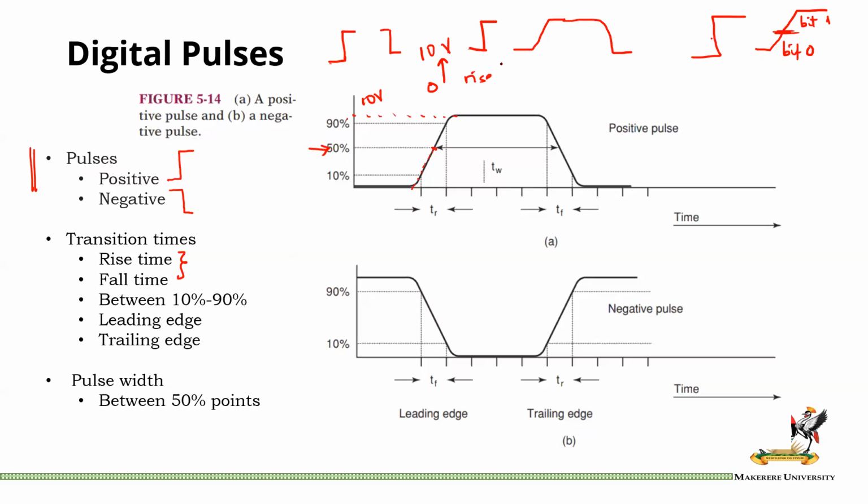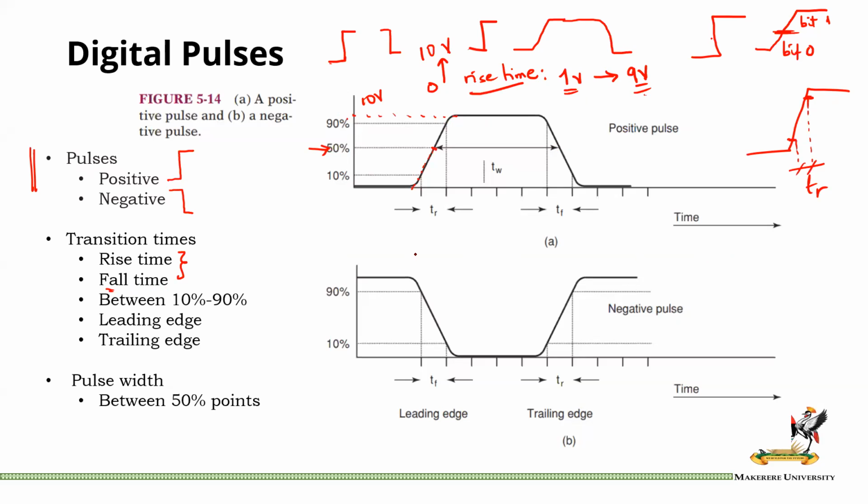So the rise time is the time it takes the signal to move from 1 volt to 9 volts, because 1 volt is 10% of 10 volts and 90% of 10 volts is 9 volts. So we don't really start measuring rise time from 0. We start from 10% and stop at 90%. That is the rise time. So if I have my slanting edge like this, and that's 10% and that's 90%, then my rise time is that.